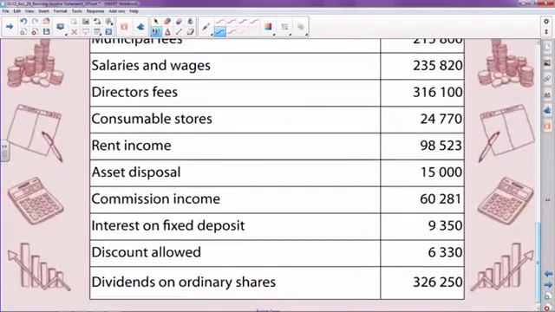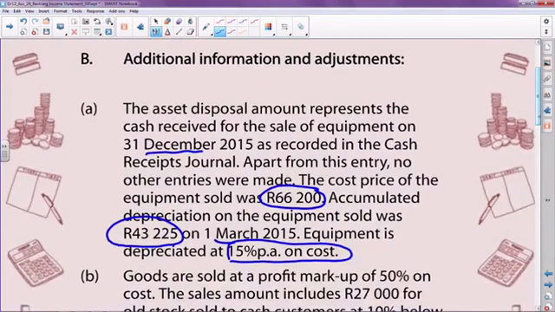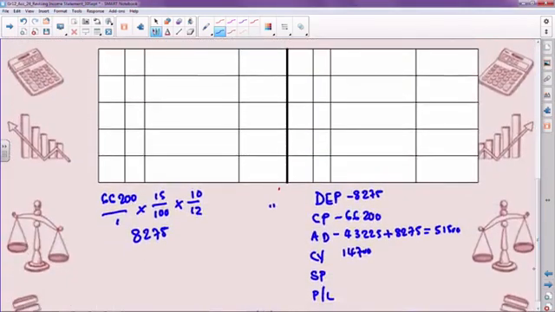Now, let me identify what figure appears in my trial balance alongside asset disposal. I can see asset disposal an amount of 15,000 Rand. What am I told about the 15,000 Rand? The asset disposal amount represents the cash received for the sale of equipment. Therefore, this means that my selling price is equal to 15,000 Rand.